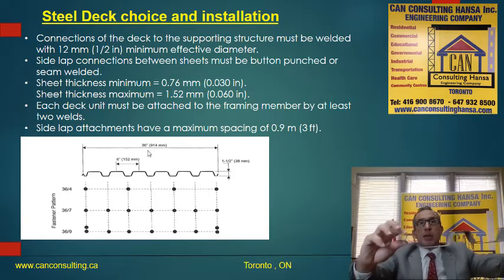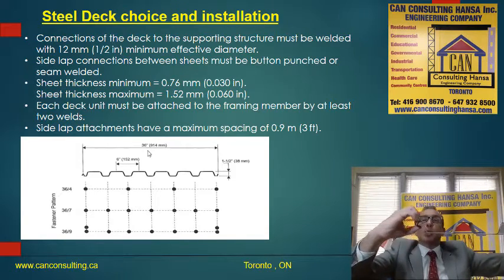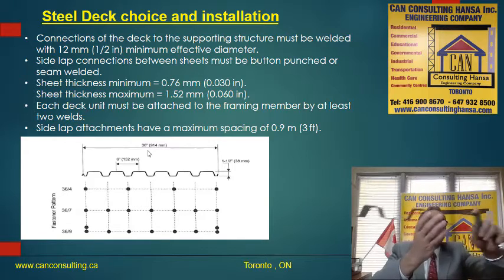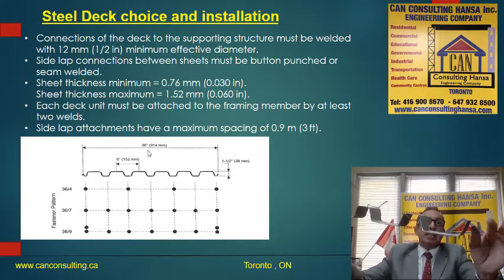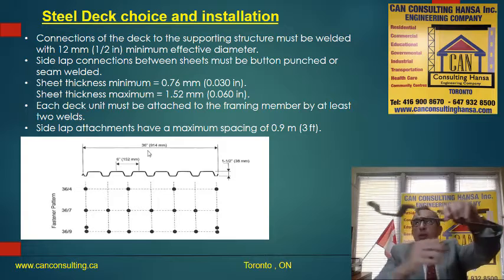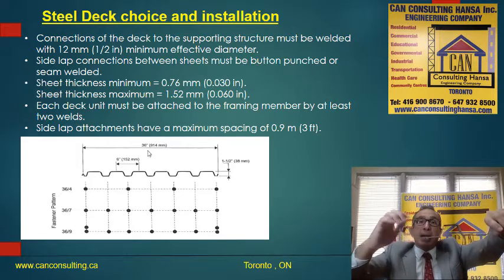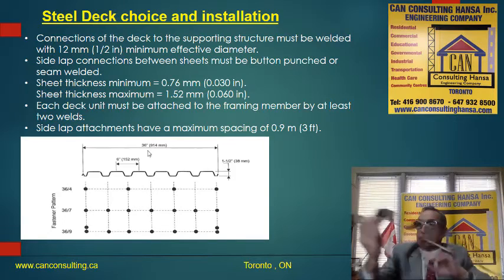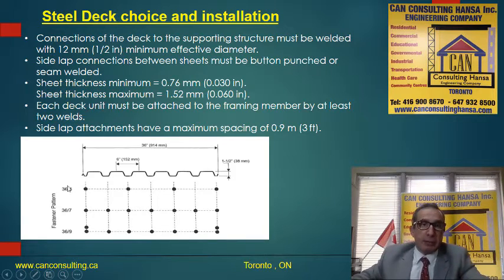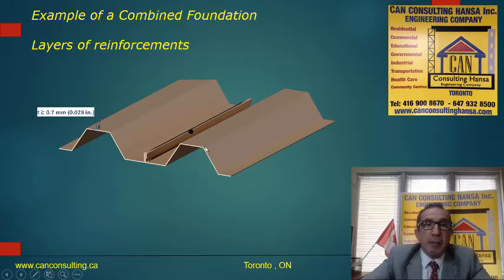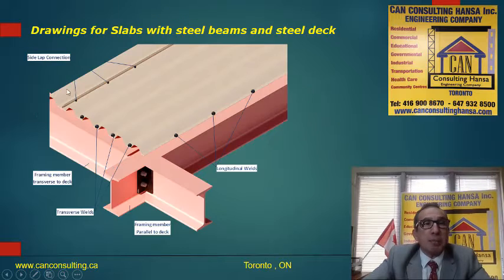Here you can see that it will come with the other end of the steel deck, so they can come together, and then you have the bond, the side lap, what we call the side lap, and this side lap will be connected together with button punch welding. So as you can see here in the slides, this is the connection between the side laps.